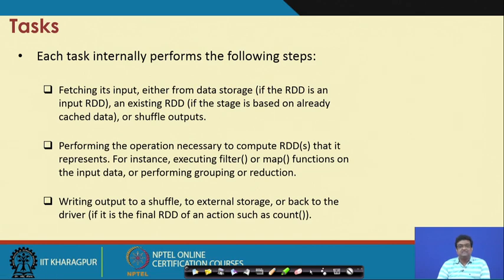Each task internally performs the following steps. It fetches the input either from the data storage, if the RDD is an input RDD, like using a text file or a parallelize command, or from an existing RDD.